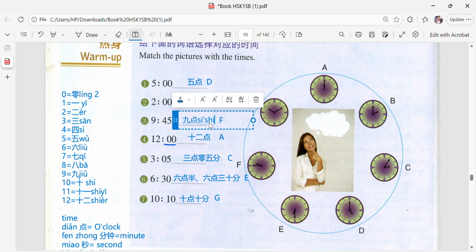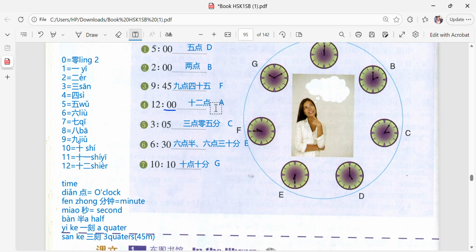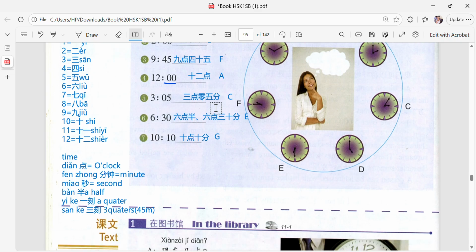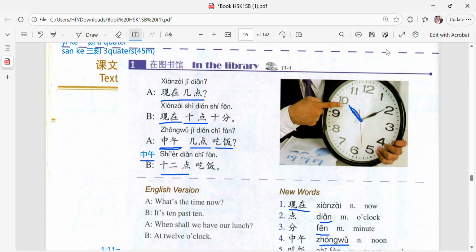Because it is not only 40, but it is 40 plus 5, which gives us 45. So it will be sì, and then number 5 is wǔ. It is the other inspirational number with a third tone. Wǔ. So the correct answer is jiǔ diǎn sìshíwǔ or jiǔ diǎn sān kè, which is 3/4. So when you say sān kè, it will sound more professional, but if you say sìshíwǔ, it is very okay. All right.